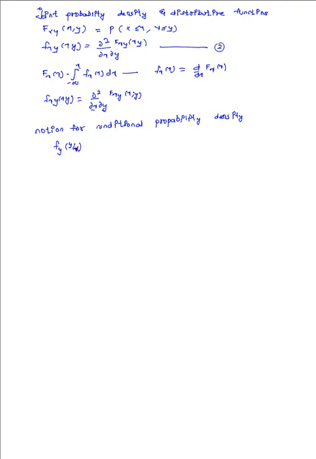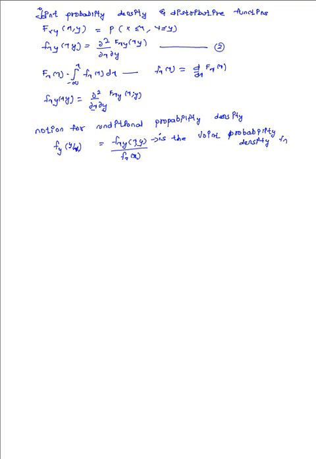Here it indicates the probability density function of y for a fixed x, that is given by fxy(x, y) divided by fx(x), where the numerator term fxy(x, y) is the joint probability density function. Denominator we know, fx(x).